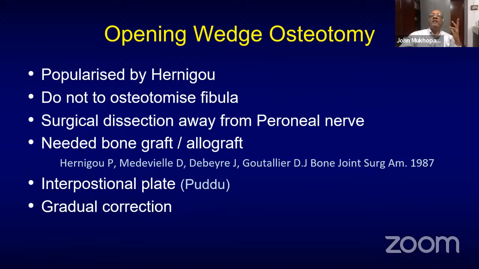And of course, you had the gradual correction using the various external fixator devices. So you could do a corticotomy or osteotomy and then gradually distract and correct, getting bone formation with distraction osteogenesis. So these were the various ways you could do an opening wedge osteotomy.